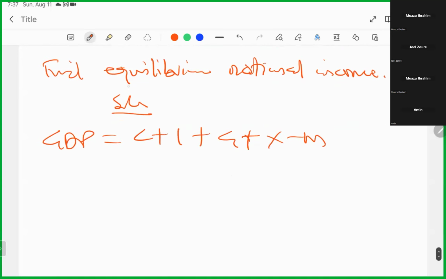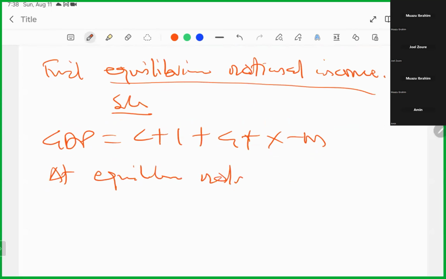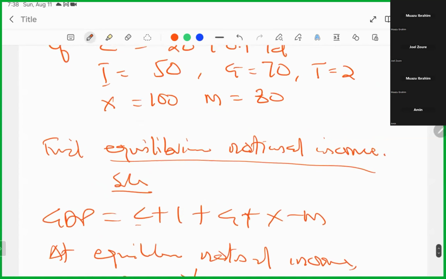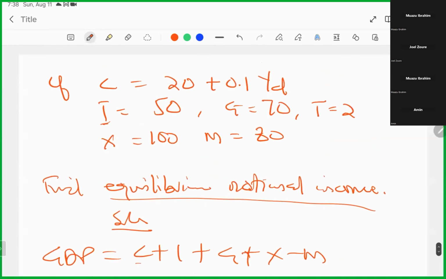Please note, at equilibrium national income, GDP should be equal to Y. So we have to break them down, especially the consumption function, because we have a value for investment, a value for government expenditure, and the rest.